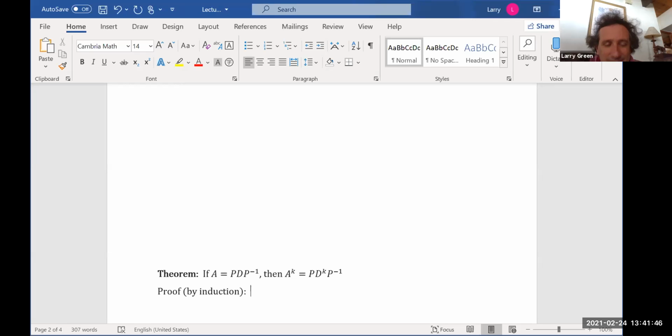So proof by induction for k equals 1, or for n equals 1, I guess. Sorry, k equals 1. Why is it immediate? Why is it just obvious?